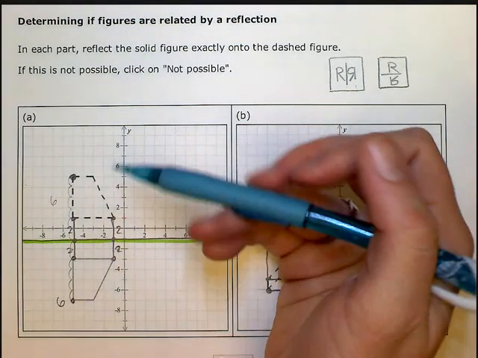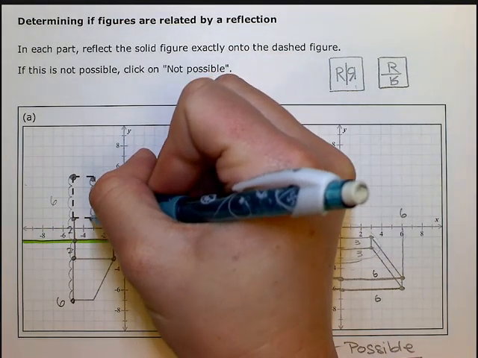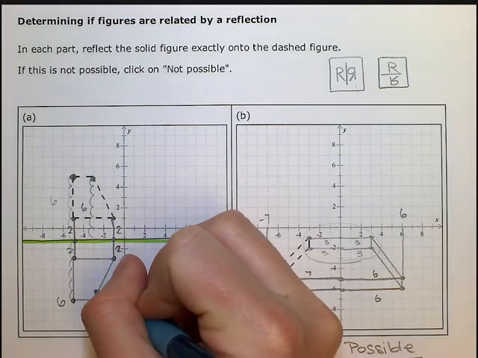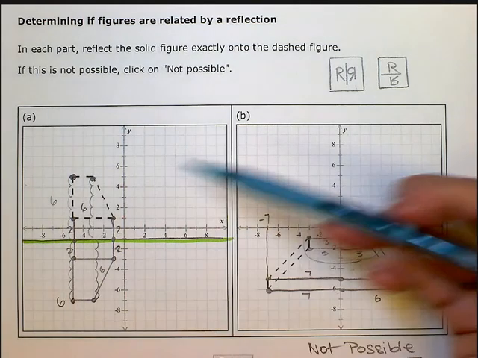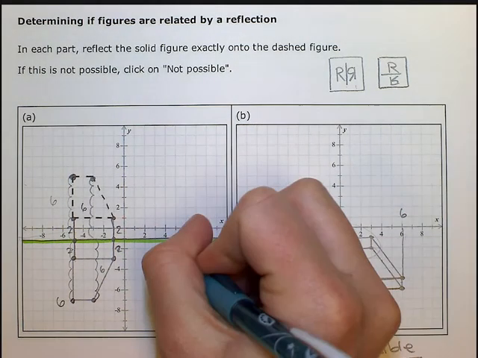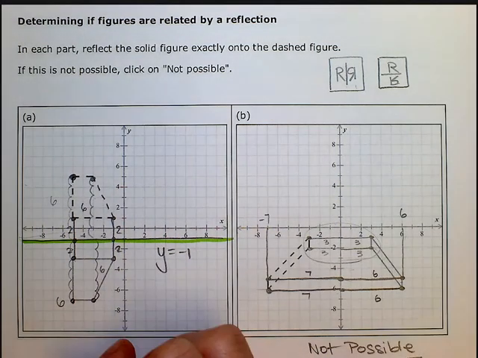Okay, let's check our last point. 1, 2, 3, 4, 5, 6 away. And here, 6 away. So if I clicked on this button on Alex and put my line at y equals -1, this image would reflect exactly on it. So this is going to reflect across the line y equals 1.